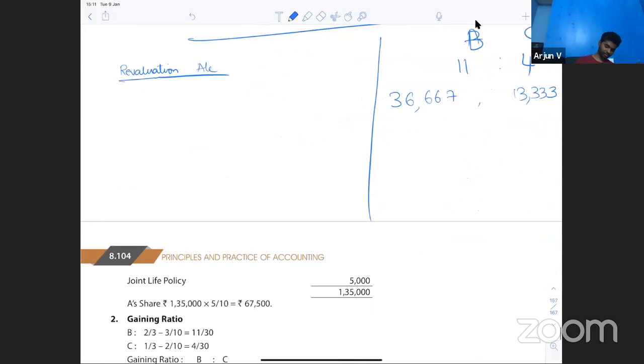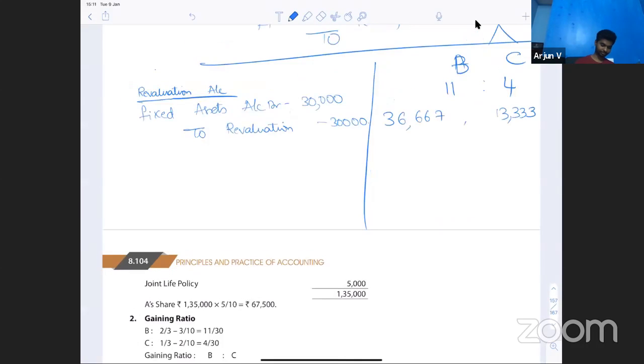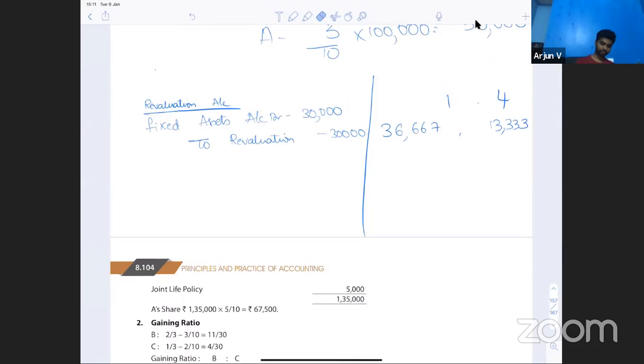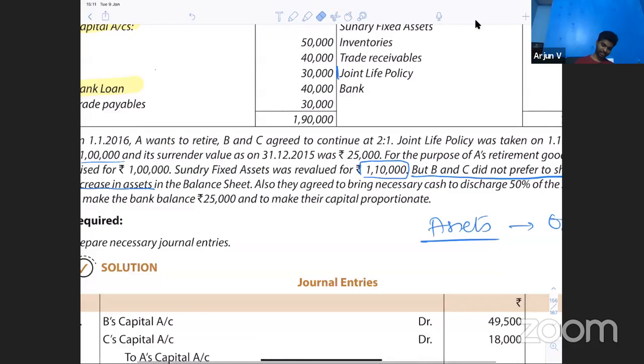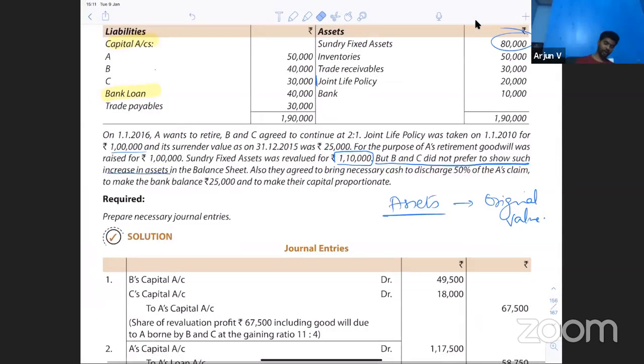So first one, fixed assets account debit 30,000 to revaluation 30,000, because this is the asset that has increased. Correct? Is there any other asset which has changed here? Only one asset got increased.